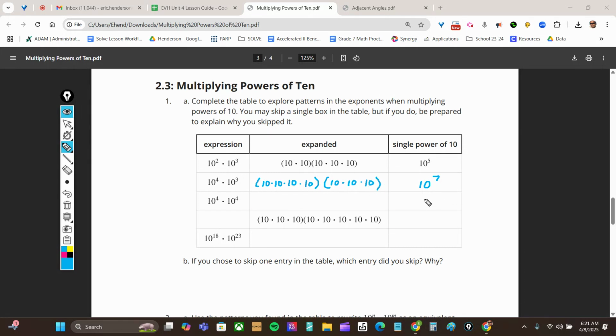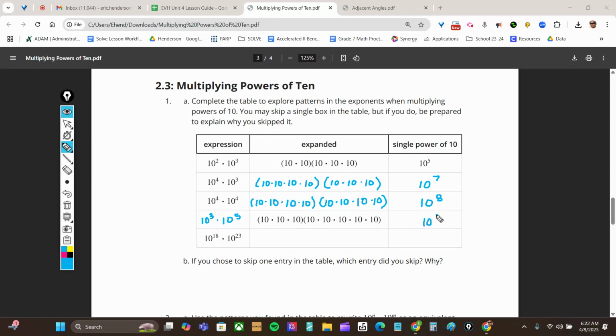This is going to be 10 to the 8th. This is 3 and 5, so that's 10 to the 3rd and 10 to the 5th.